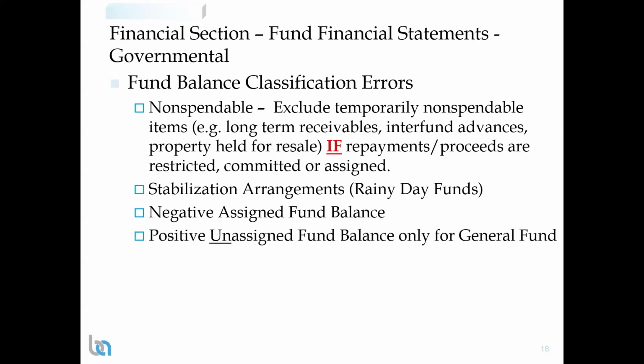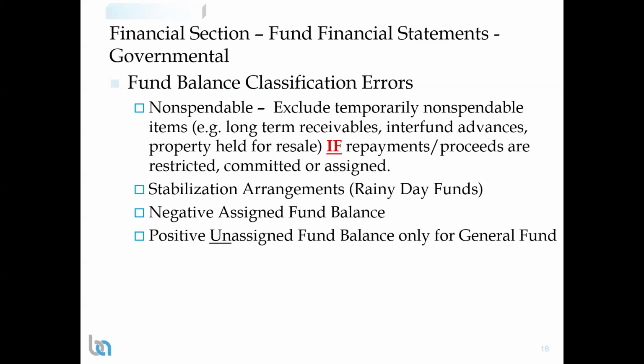In a confusing area, you may have both restricted fund balance and negative unassigned when there are multiple revenue sources that flow into a fund, but I'll probably skip that for now.